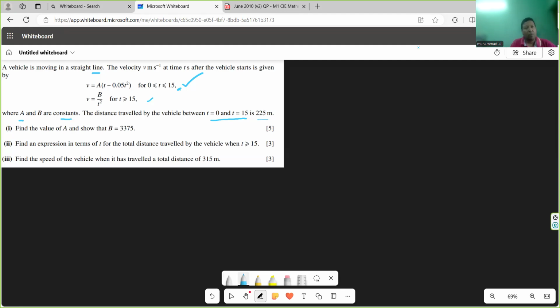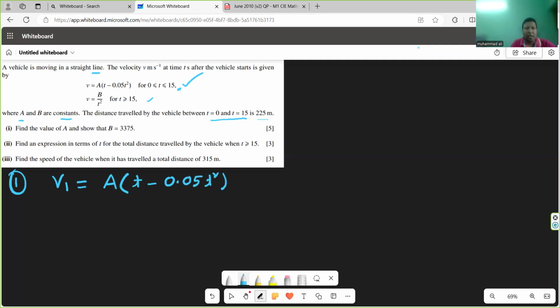Part 1: find the value of a and show that b equals 3,375. So first, the velocity, we can call this v1 equals a(t minus 0.05 t squared).